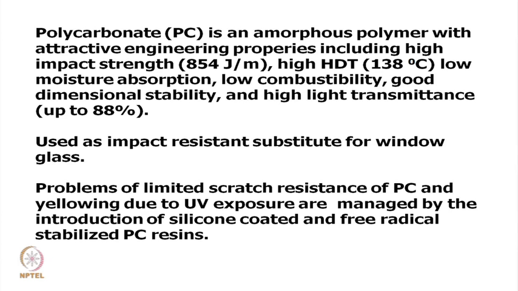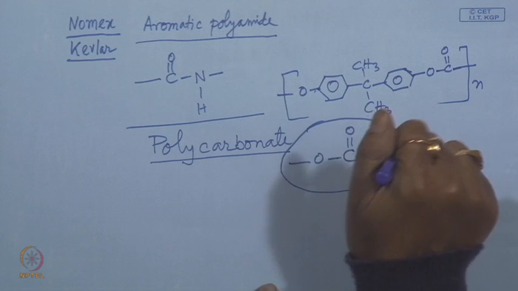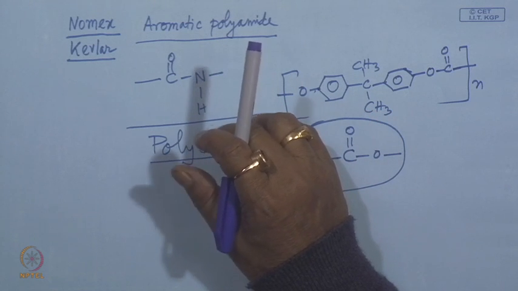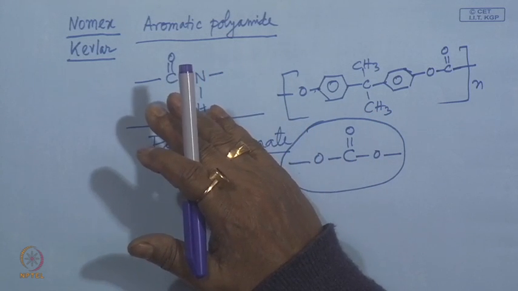Not only that, it has good light transmission property. It can transmit UV and visible light up to 88%. That is why polycarbonate is used as automobile headlight covers, as well as window glass.